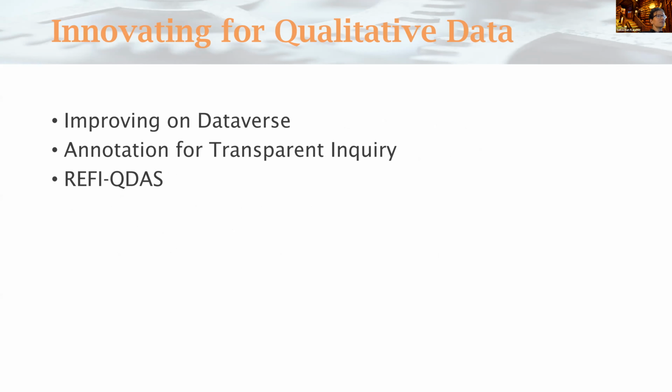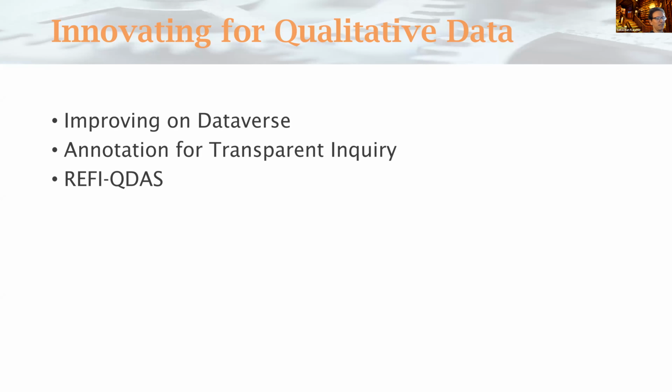QDR. So as an archive, and as the only archive in the US that is really focused solely on qualitative and multi-method data, one thing that we try to do is push the frontiers. These are three areas in which we've done a lot of thinking and a good amount of work. One is we've improved the repository that we work with for qualitative data.